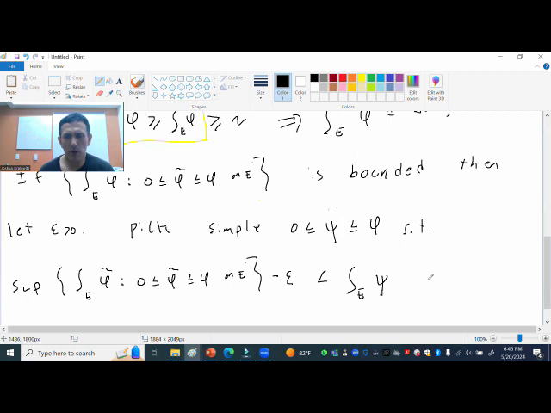Okay, but again, this is less than or equal to phi. So integration preserves inequalities in this way. So, to be clear, this is the definition of sup, and this is from this here.